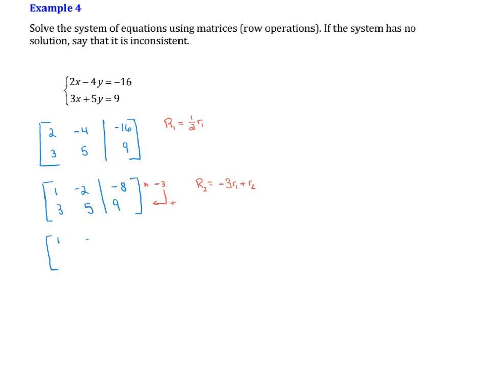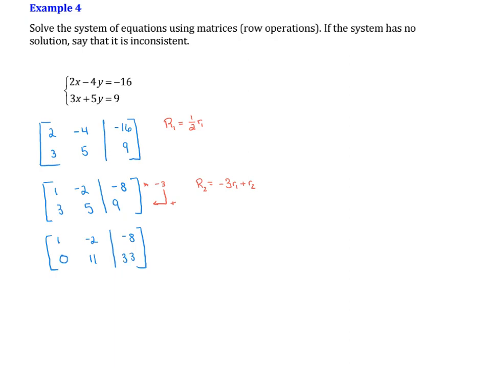We have 1, -2, -8, and then we're going to take 1 times -3 plus 3, and that gives us our 0. -2 times -3 plus 5 will be 6 plus 5, which is 11. -8 times -3 is 24, plus 9 is 33.